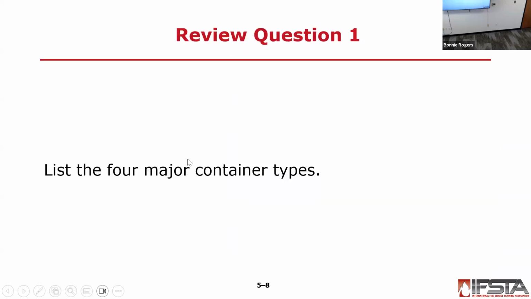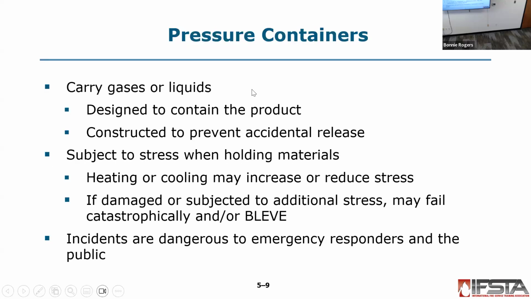What are the four major container types? Pressure. Liquid holding. Solids holding. Okay, good. What are you going to find in a pressure container? Gas. That's for liquids.